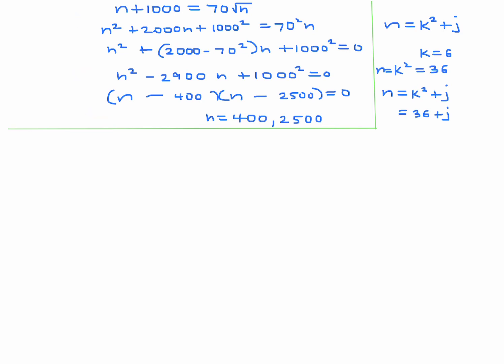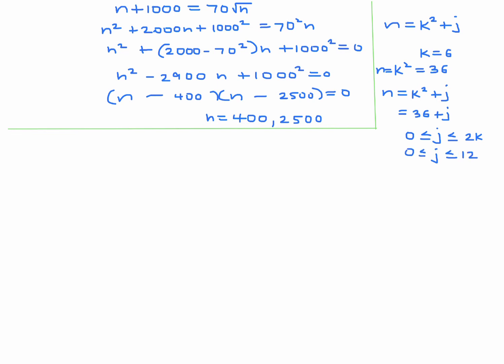The only way it will not be a perfect square is a special condition: j has got to be greater than or equal to 0 and less than or equal to 2k. That's very important, and very interesting, actually. In this case, k is 6, so j would be less than or equal to 12.